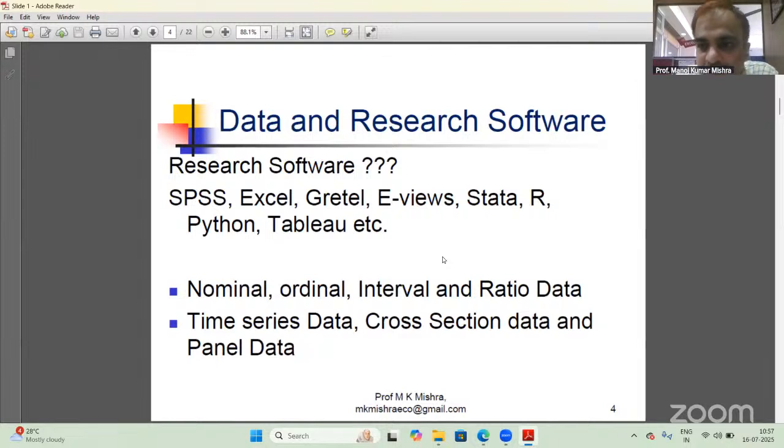I'm saying that a research software is SPSS. SPSS means Statistical Package for Social Science. SPSS is a good software, but it is paid software.